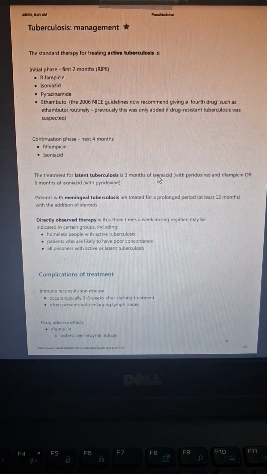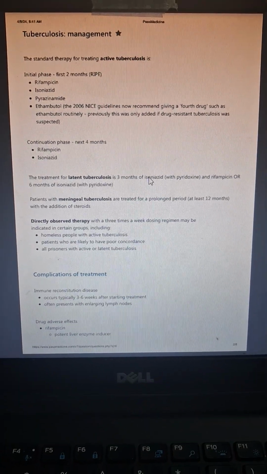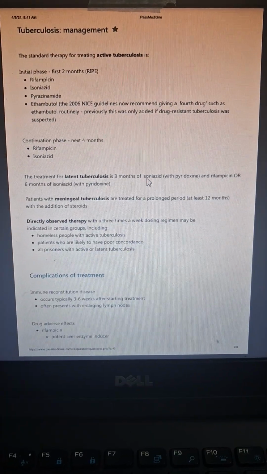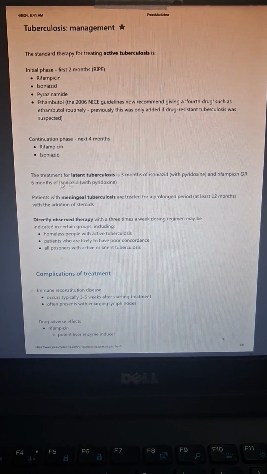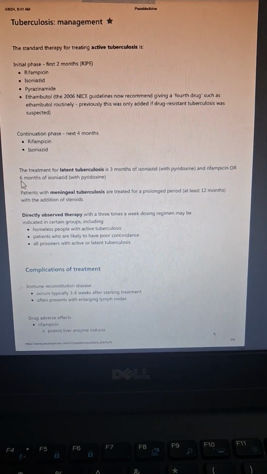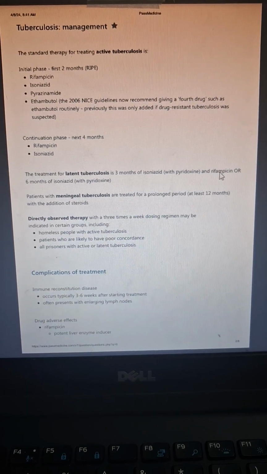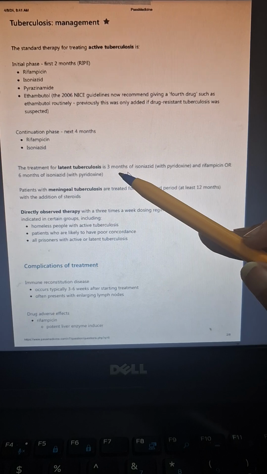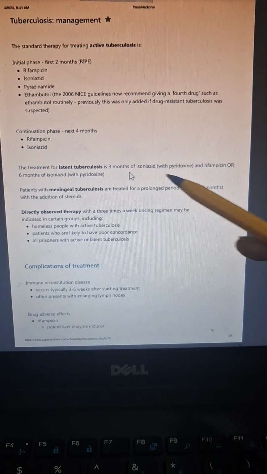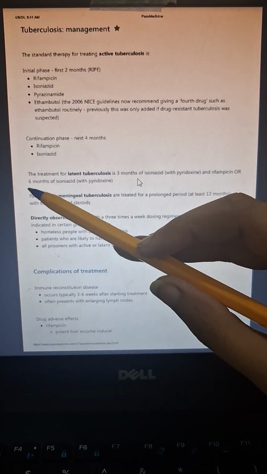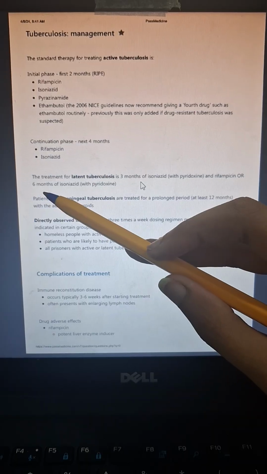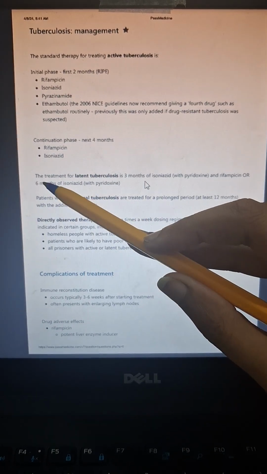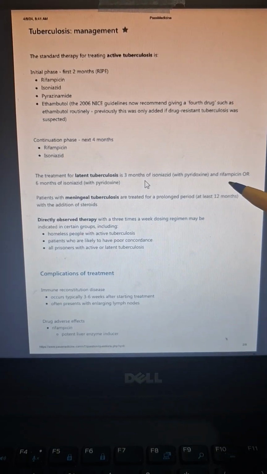So for cramming, remember that 3 months of IR or 6 months of I. If you need to treat it for 3 months, then you have to use 2 drugs, and if you need to treat it for 6 months, then you use one drug. One will take more time, two will take less.